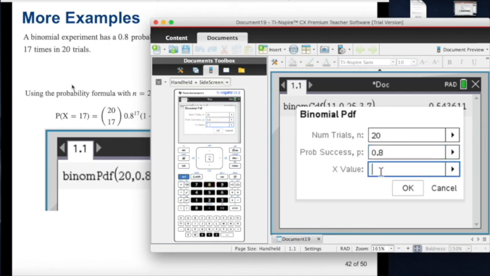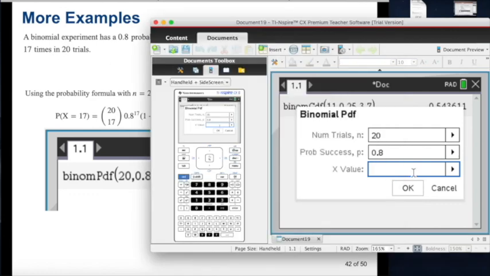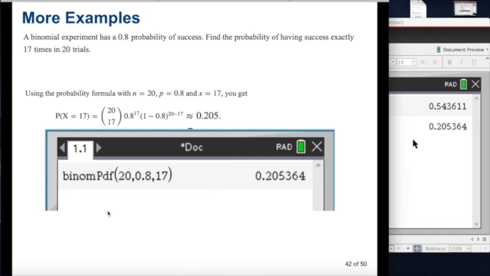And we want to find exactly 17 times number of success. So click OK. So there you go, that's the answer, which is 0.205. Same answer as if you do it using the formula.